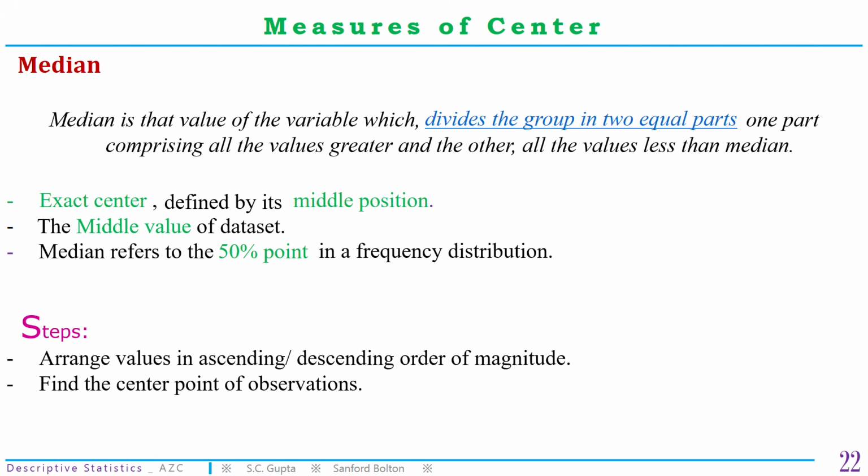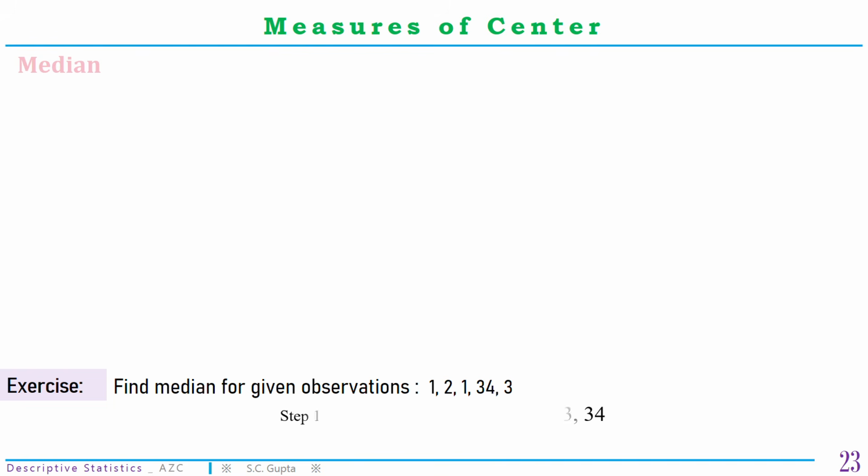Steps to identify the median. First, arrange values in ascending or descending order of magnitude. Then, find the center point of observations. Exercise. Find median for given observations 1, 2, 1, 34, and 3.